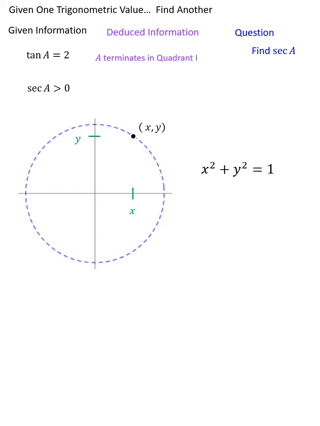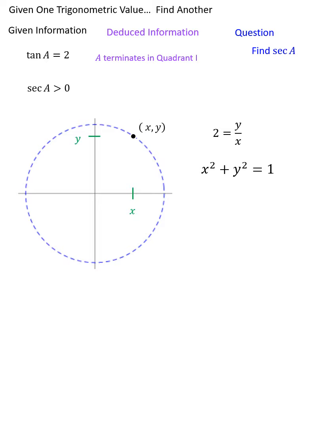Well, not in isolation, but we know more than just that this point is on the unit circle. We also know that the ratio of y to x is 2. Well, how do we know that? Remember, the tangent is 2, but the tangent is the y coordinate divided by the x coordinate.